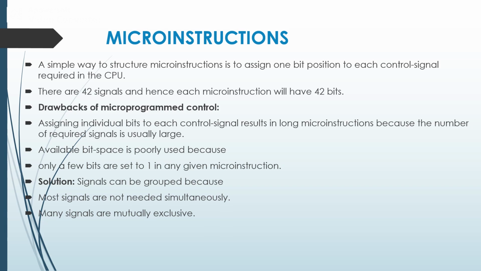Available bit space is poorly used because only a few bits are set to 1 in the given micro instructions. So we can enable only one bit to be set to 1. The solution is that the signals can be grouped, because most signals are not needed simultaneously. Many signals are mutually exclusive.